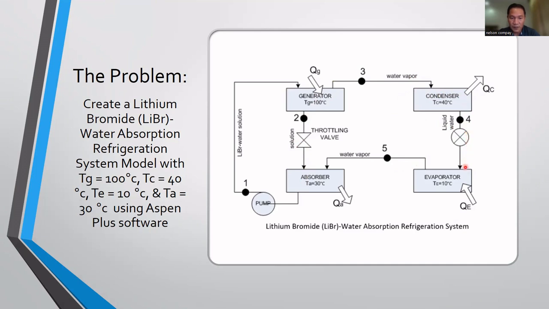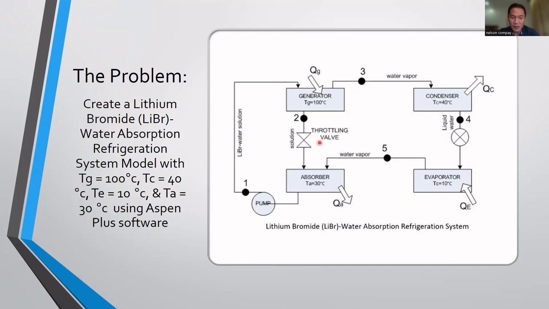Then it goes to the evaporator to produce a cooling effect or cooling load and change the refrigerant from liquid to vapor state. Then it mixes again in the absorber to form a strong solution, and the cycle repeats.